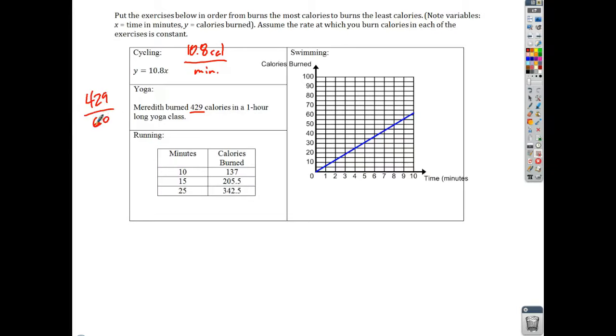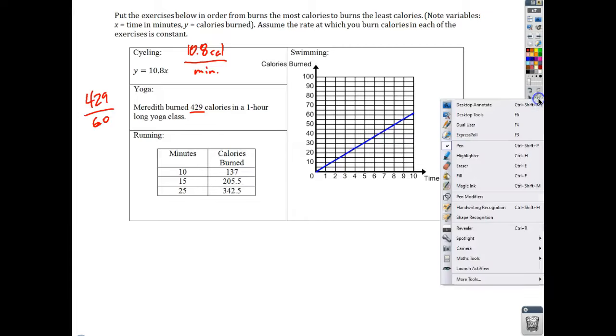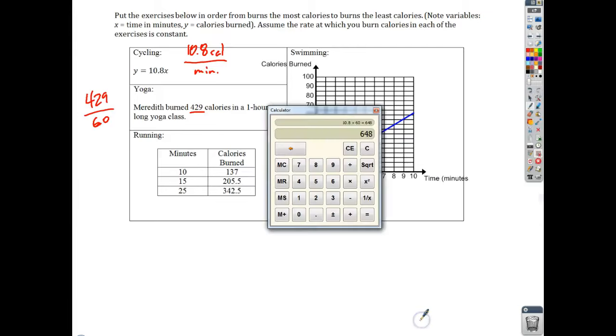That should work out better. Calculator. 429 divided by 60 is 7.15 calories per minute.